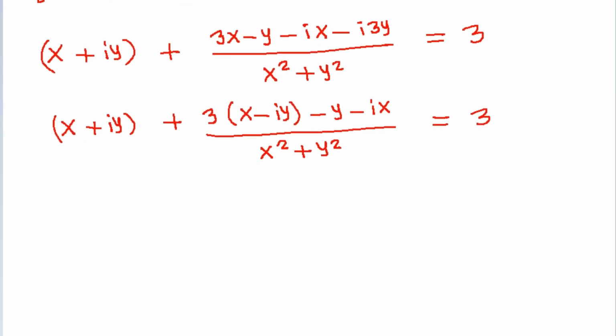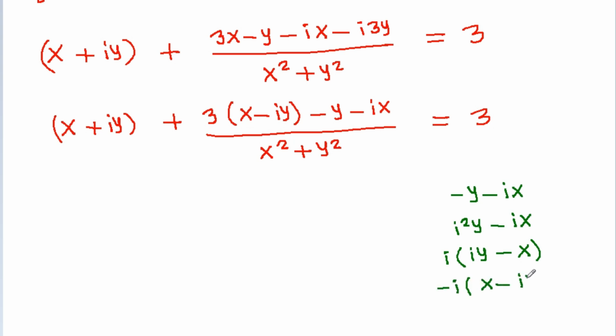And minus y minus iota x, minus 1 is iota square times y minus iota x, and if we take iota common, then it is iota (y minus x), and it is minus iota times (x minus iota y).